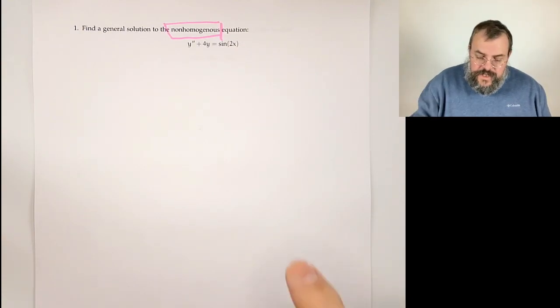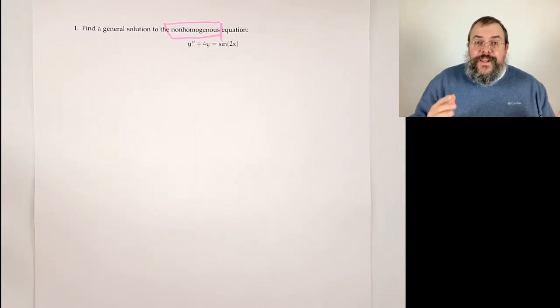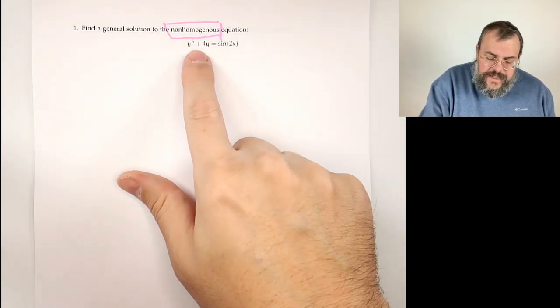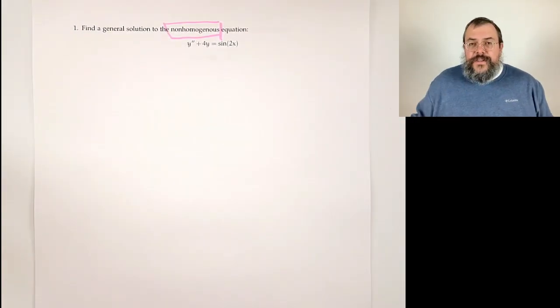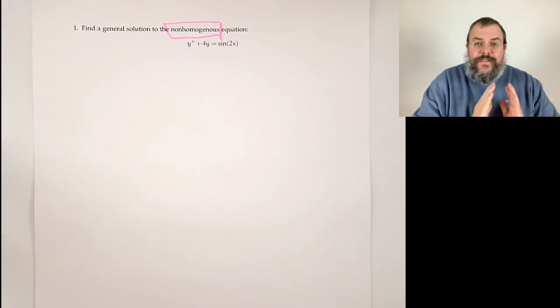You just have to make sure that the right-hand side is nice, and it is. In other words, it's something that we would expect to show up as a solution to a homogeneous differential equation, and the equation itself only involves constant coefficients, and it does. So, all right, good news for us.